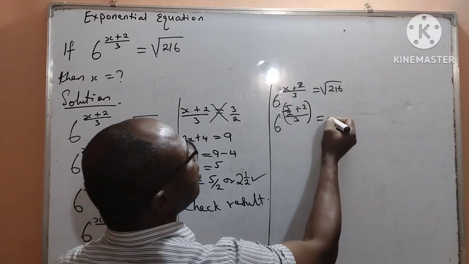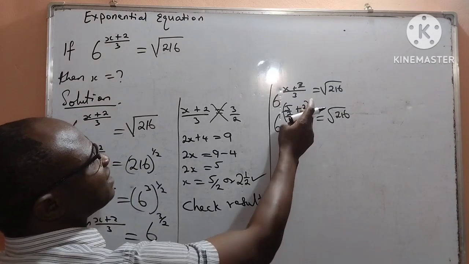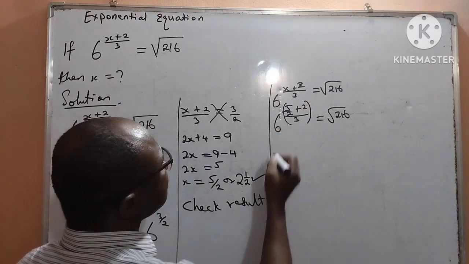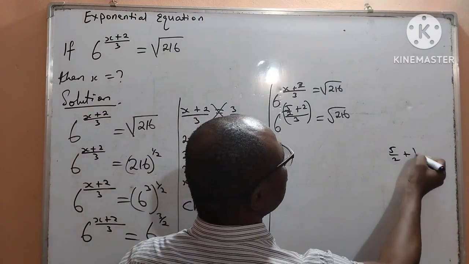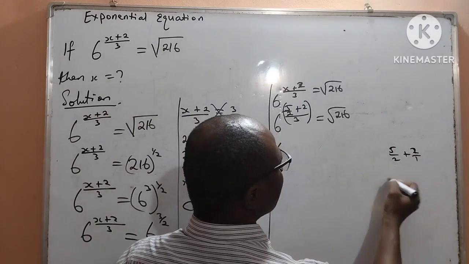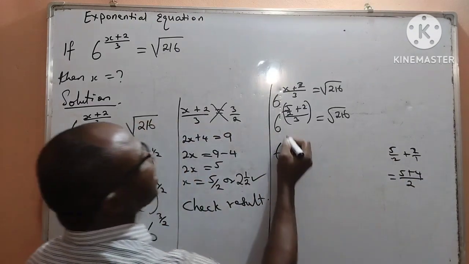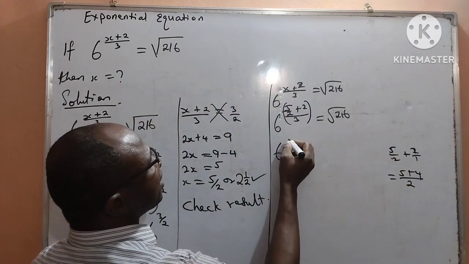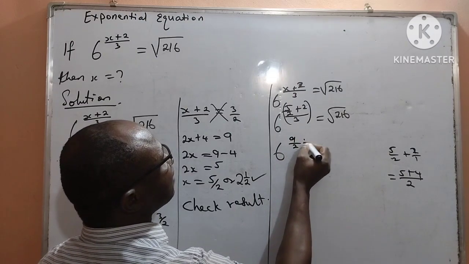Is it equal to the square root of 216? We solve the numerator, that is the exponent, on the left hand side. You know that 5 over 2 plus 2 over 1 is now 5 plus 4 over 2. Therefore, at the new exponent, I have 9 all over 2, then divided by 3.